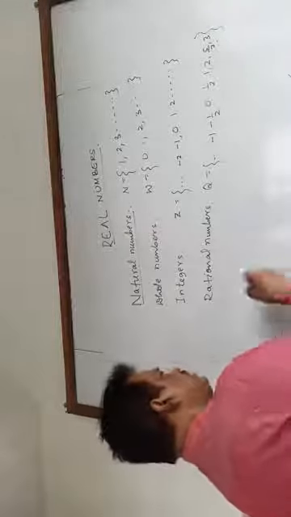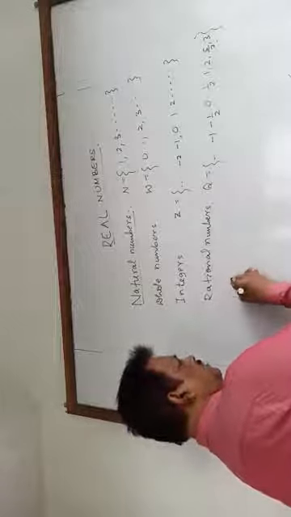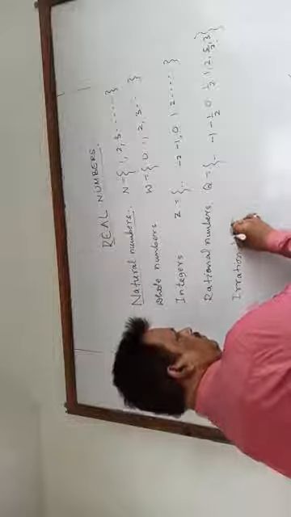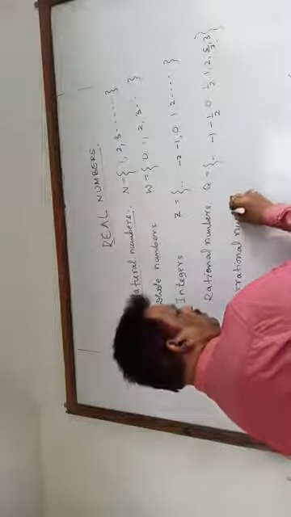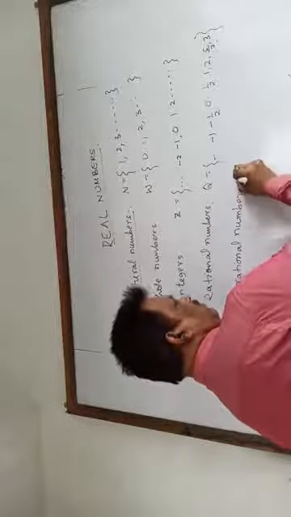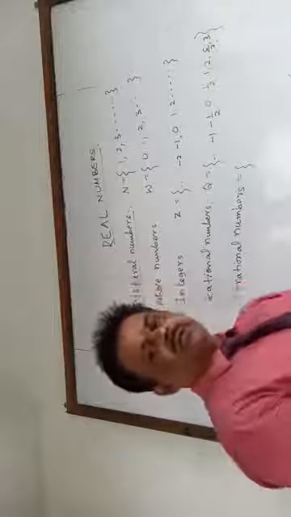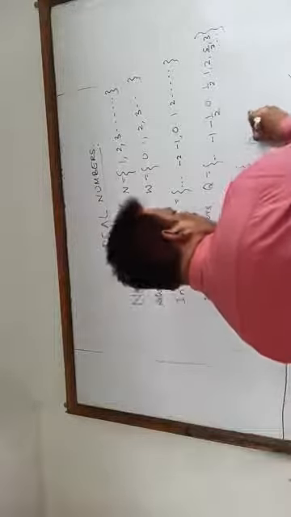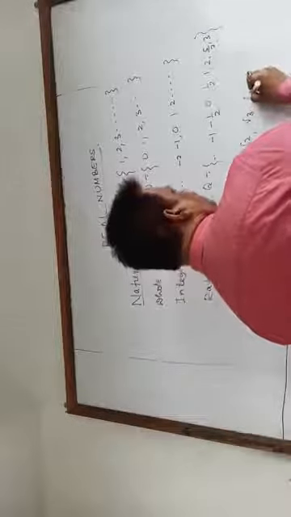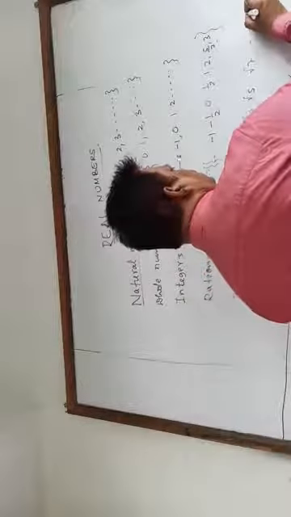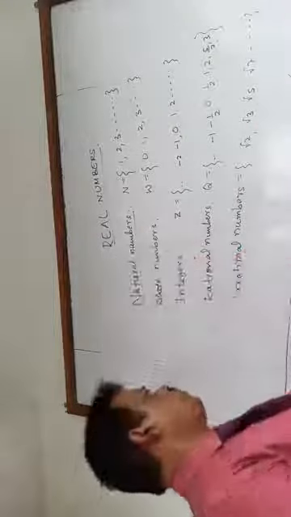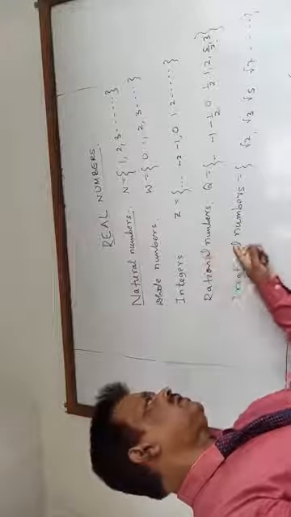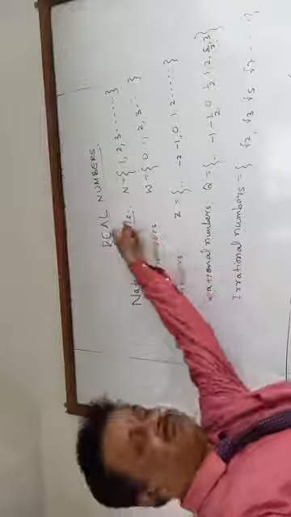Then what about irrational numbers? Whose square root you cannot find out, like root 2, root 3, root 5, root 7, all this. So when you combine rational and irrational, when they are taken together, you find the real numbers.